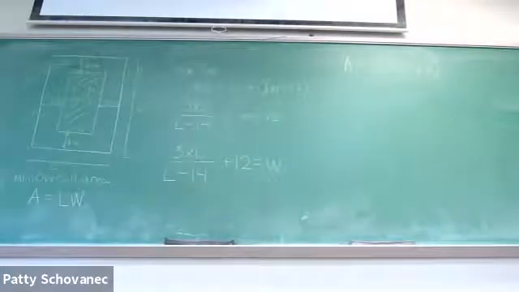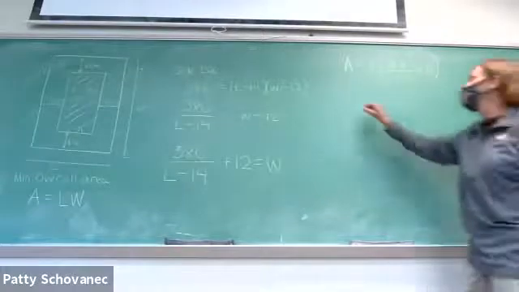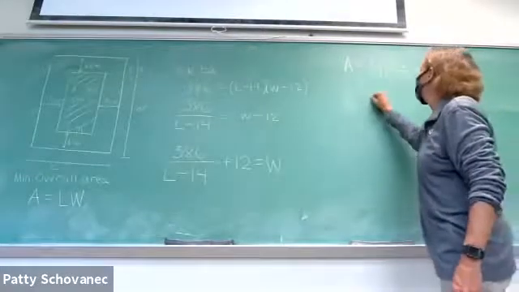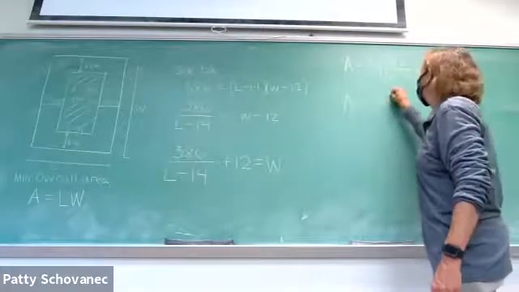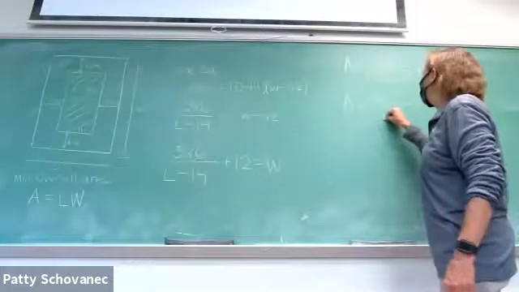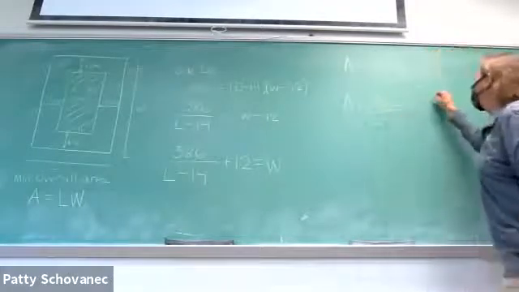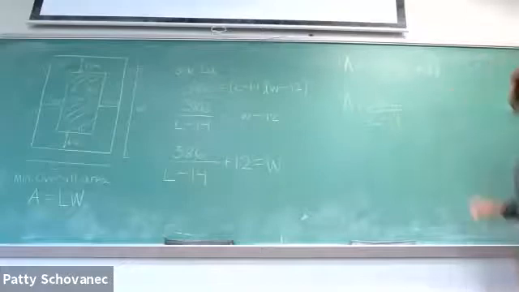So I'm going to go ahead and send that L through there, and then we'll take the derivative. Probably going to have to use the quotient rule there on that first bit. I have 386 L divided by L minus 14 plus 12 L.